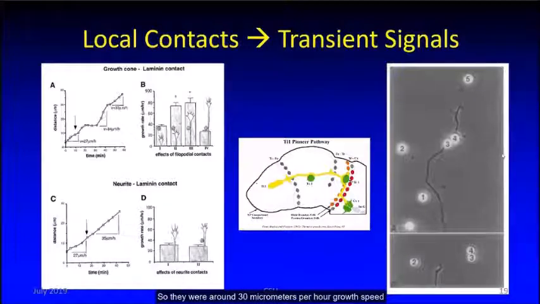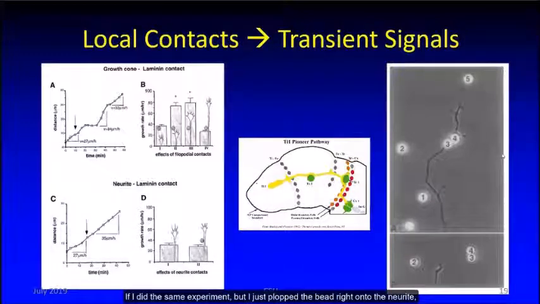So they were around 30 micrometers per hour growth speed before, a little bit of stalling, and then it took off at about 80 micrometers per hour for a certain amount of time past the bead, and then the growth slowed down. It's almost like you could just give this growth cone a signal, and it sort of ignored that it wasn't polylysine, and the machinery just kicked in like it's on laminin, but it wasn't long lasting.